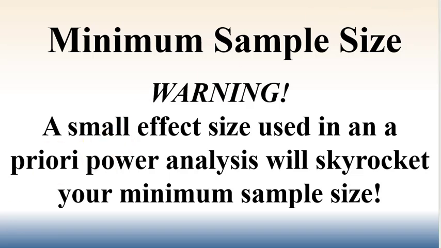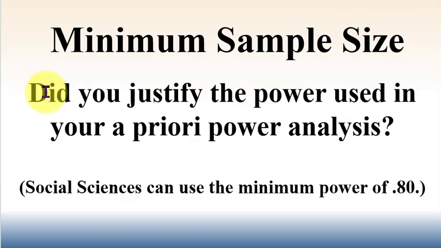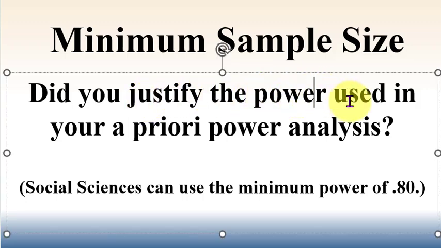All right, moving on. Some teachers want you to justify, why did you use a power of 0.8? Why didn't you use 0.9? Why don't you use 100? We always give the same answers, right? The social science, that's what the other people call the soft science, because what we're trying to measure is difficult to measure. We always measure things with surveys, right?